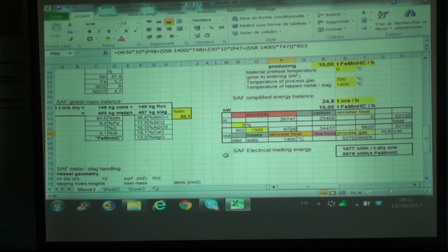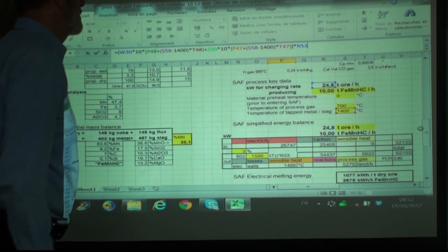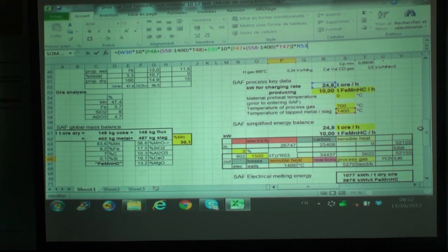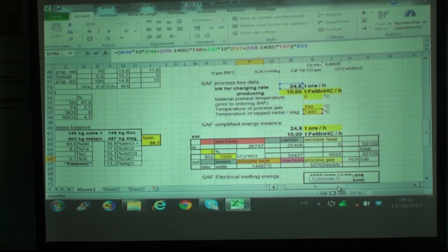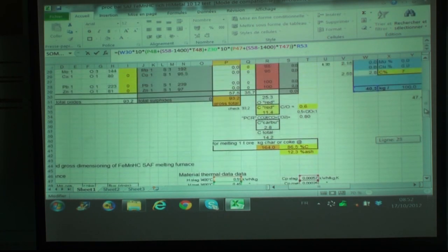It is the sensible heat of the slag and the sensible heat of the metal. Yes.